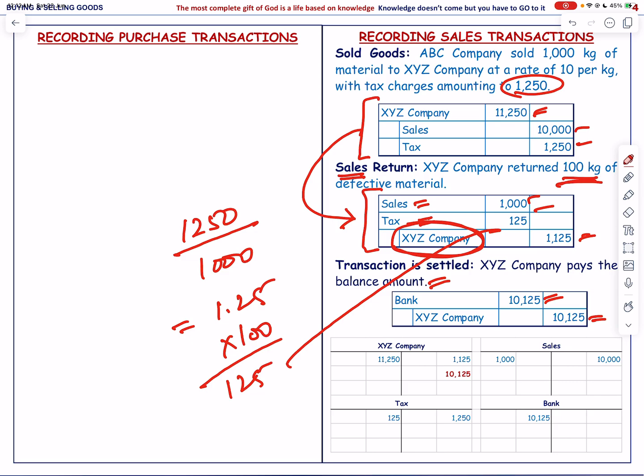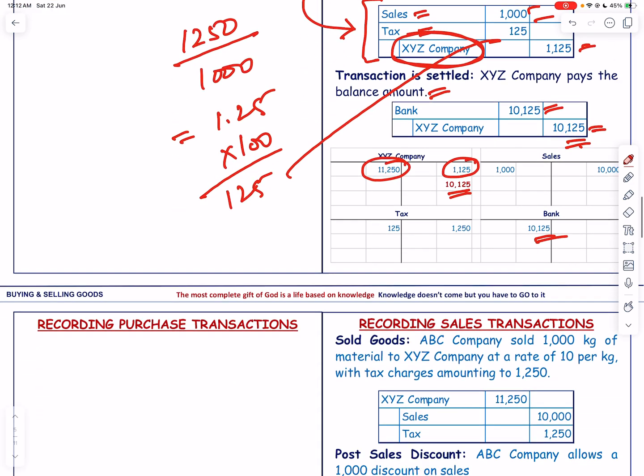You can see XYZ was supposed to pay 11,250, but they have returned goods for 1,125. So the balance amount payable is 10,125, and that is what they have paid. And obviously our bank balance increases by the same amount.